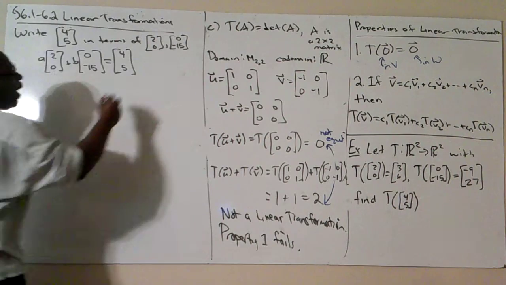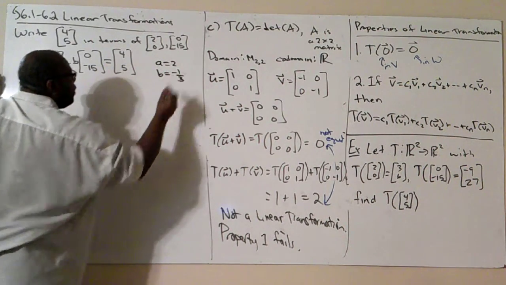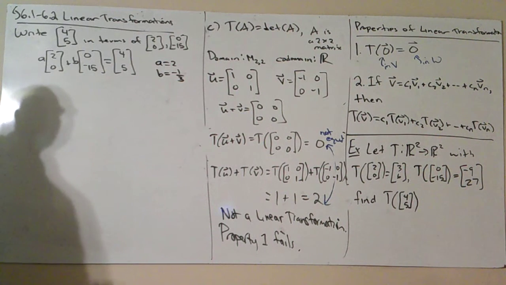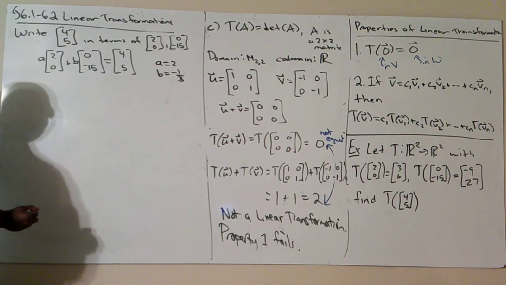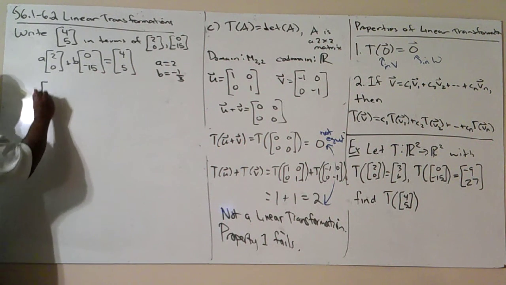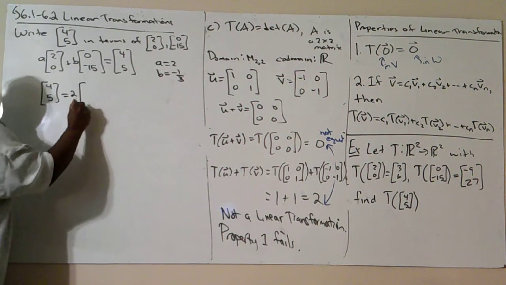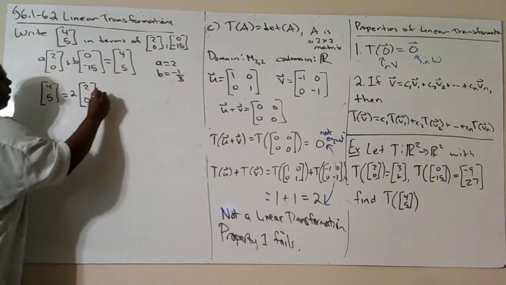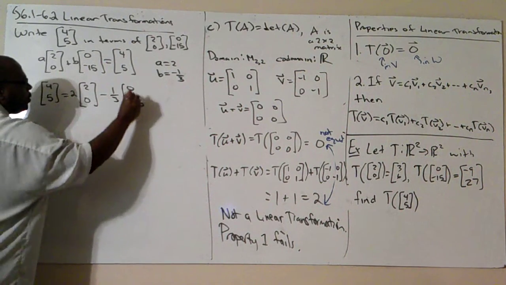So I think a is equal to 2, b is equal to -1/3. But if you wanted to, you could do an augmented matrix. I think I'm fine without doing that. So I could say (4, 5) is equal to 2 times (2, 0) minus 1/3 times (0, -15).